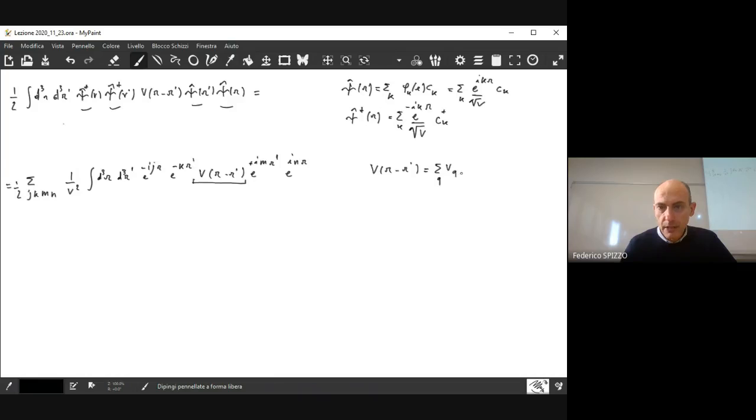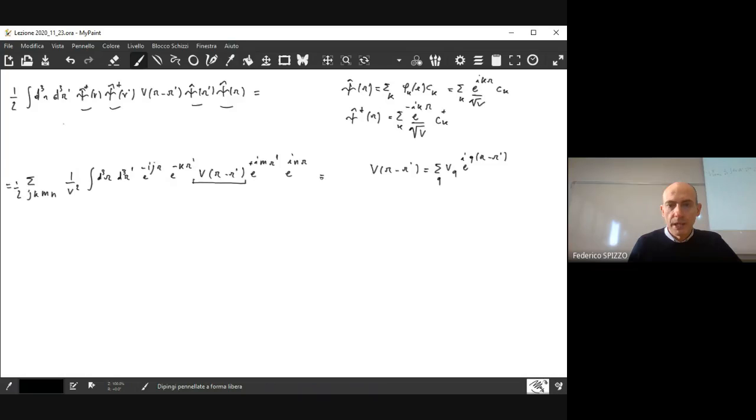So we have V of Q, the Fourier component of the potential corresponding to wave vector Q, e to the I Q, in this case, r minus r prime. Since we are evaluating, we have that as the argument of the function.